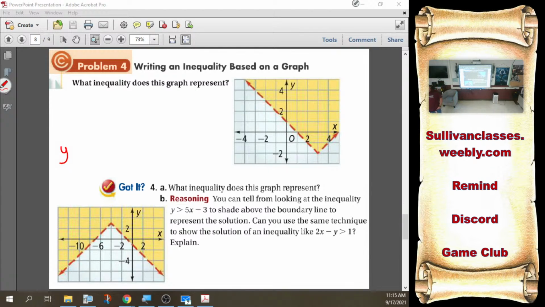Did I shade above or below? So greater than. Solid or dotted line? Dotted means less ink here, less ink there. The slope on the right-hand side of this thing. Careful, they are going by 2's.